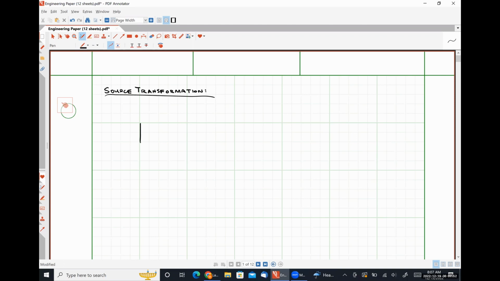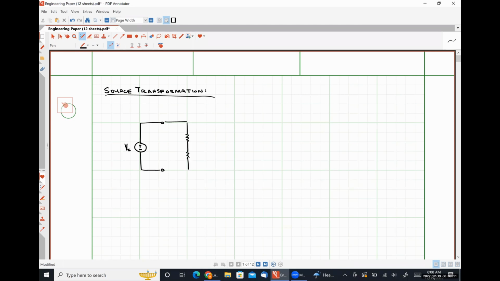Okay, so let's say that I have the following circuit where I have some source voltage Vs connected to a network which contains two resistors in series.